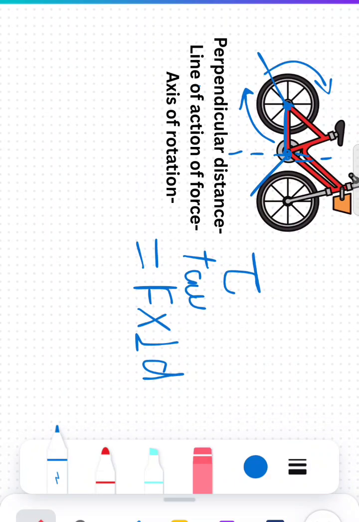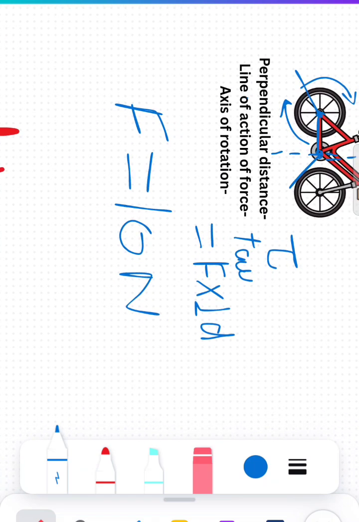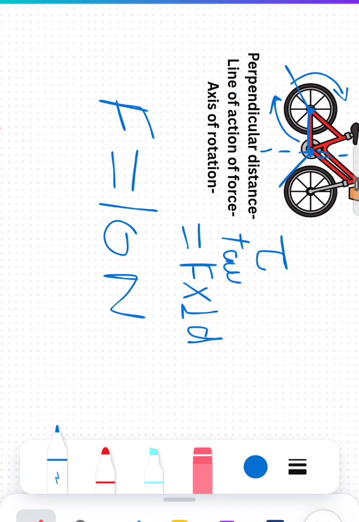For example, a man is riding a bicycle and he applies a force of 10 Newton, and the perpendicular distance between the line of action of force and the axis of rotation is 5 meter.